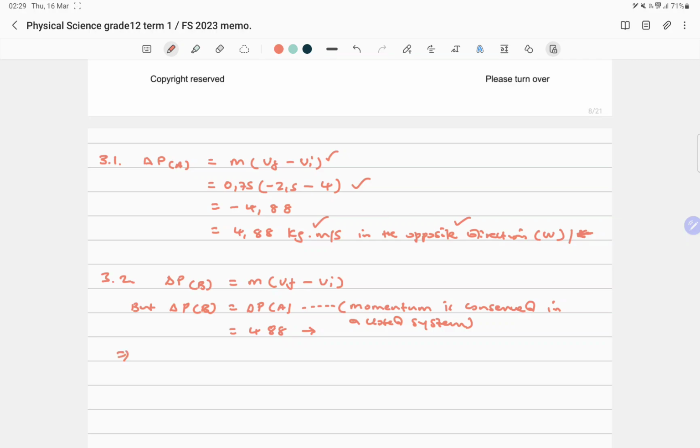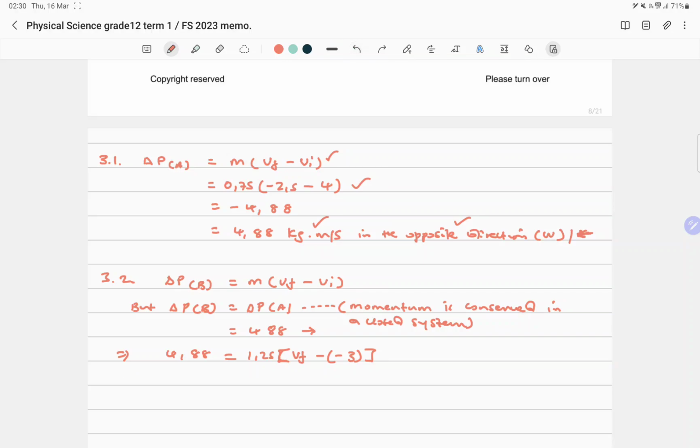So this implies what? That now 4.88, we're going to substitute it as positive because it's eastwards. And then it's going to be the mass of that object, which is 1.25, into the final velocity, which is what we want, minus the initial velocity was westwards, so it's minus 3. Okay, so that's what we do, which also implies, in fact, we can make our conclusion.